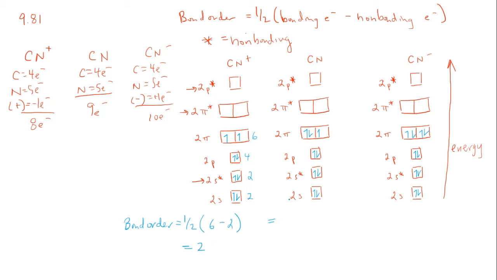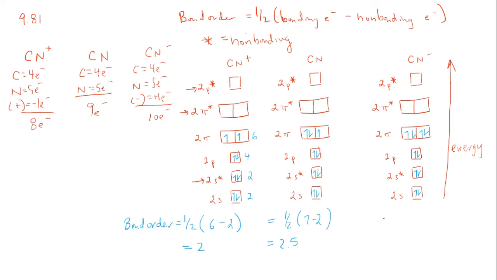For the next molecule, we've got 1, 2, 3, 4, 5, 6, 7 bonding electrons, so 7, and again only 2 non-bonding electrons. 7 minus 2 is 5, 1/2 of that, a bond order of 2.5.